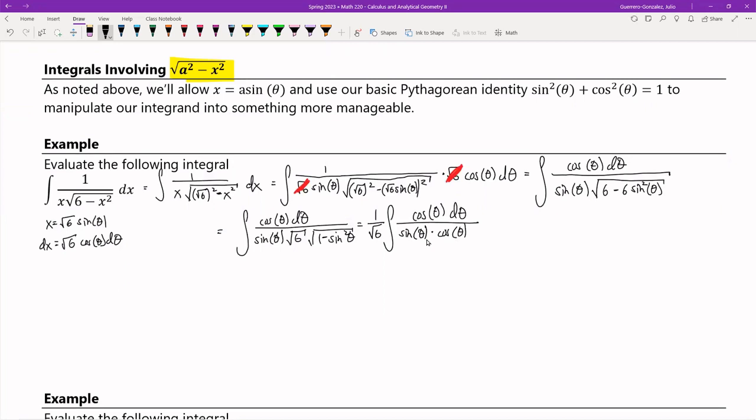There we go. We're getting somewhere, right? Cosine theta cancels, and I get left with 1 over square root of 6 times the integral of 1 d theta over sine theta.